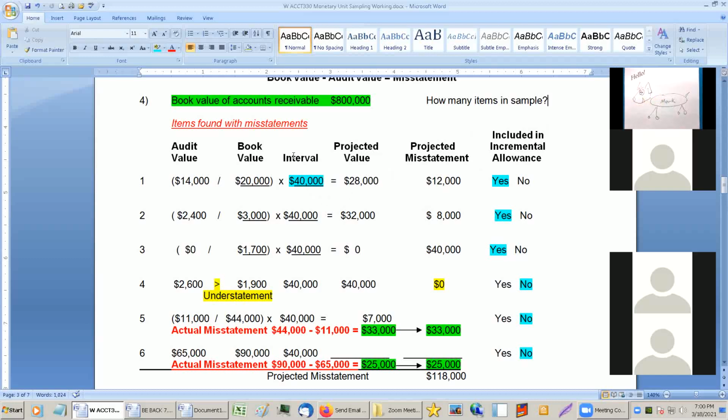How many items were in the sample? The interval is 40,000. Book value is 800,000. How many items? 20?